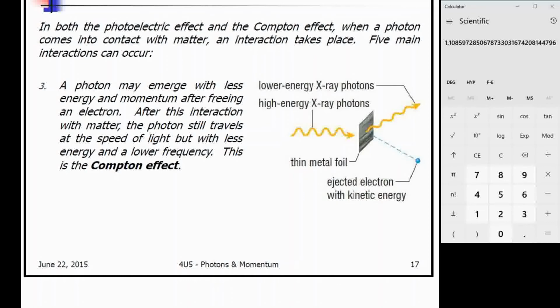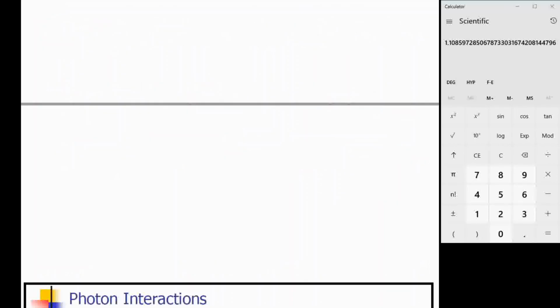So basically, the photon still travels at the speed of light, but with less energy and a lower frequency than when it first hit. So the Compton effect is our third one.